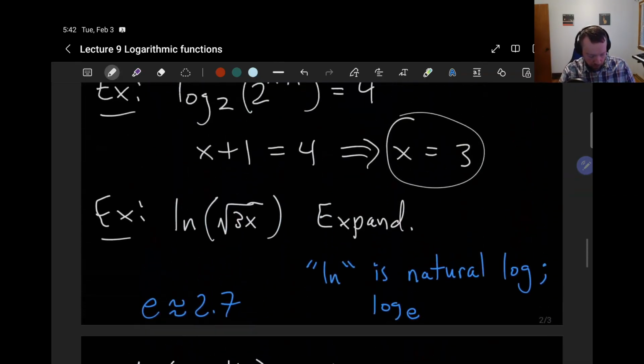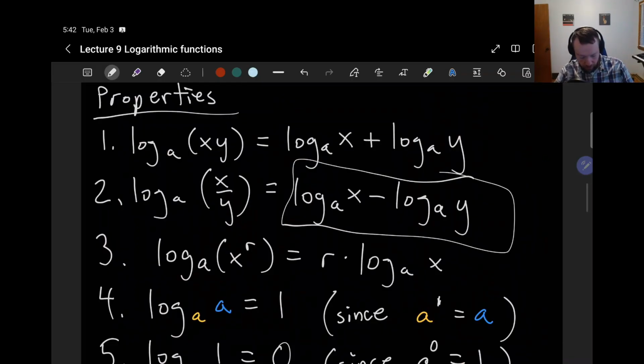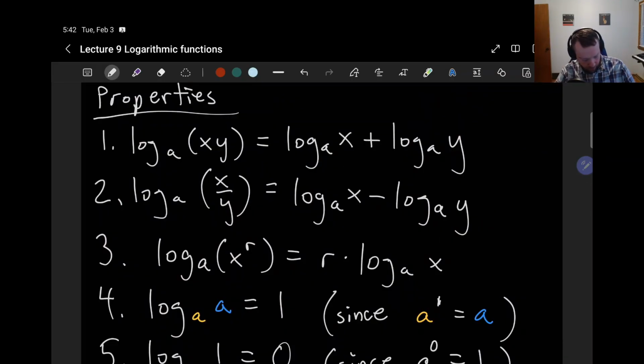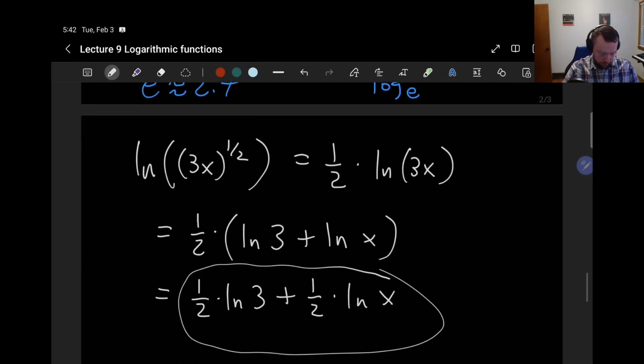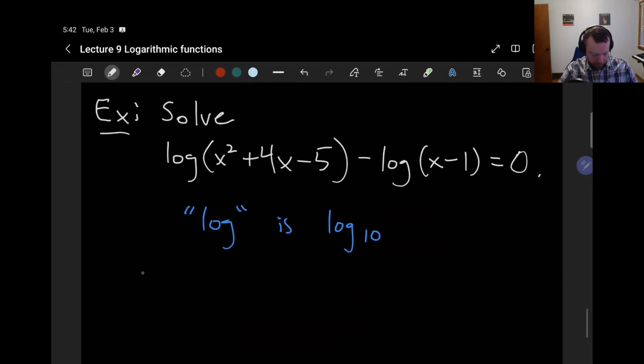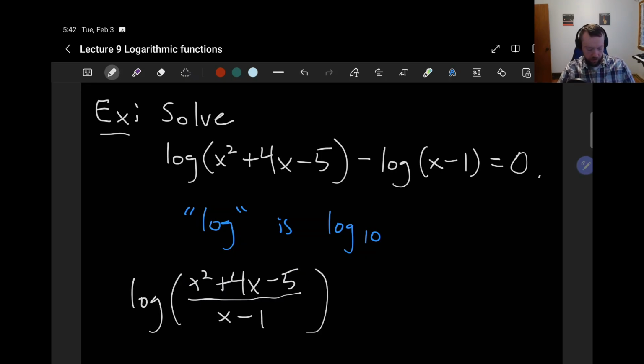Property 2, remember. So here's a difference, which means I can rewrite it as a single log of this division. So this becomes a single log of this rational function.